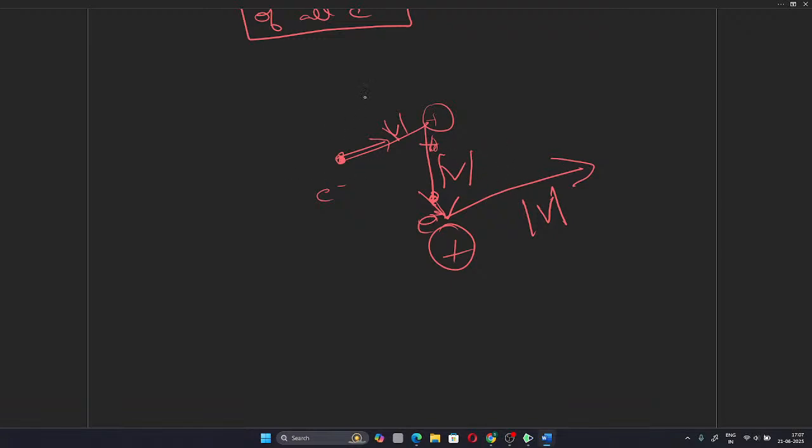Let's assume this is the first collision and this is the second collision. The time before the first collision is t equals 0, and the time at the first collision is t equals t1, and the time at the second collision, let's assume, is t2.